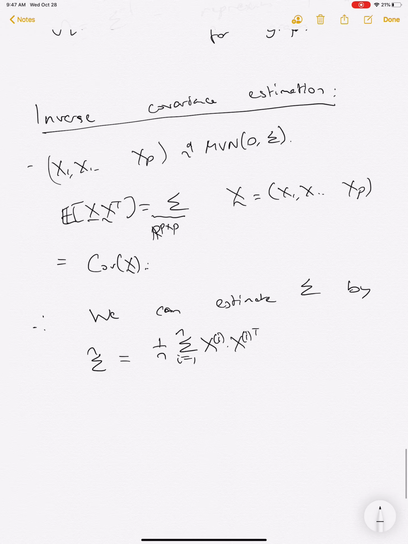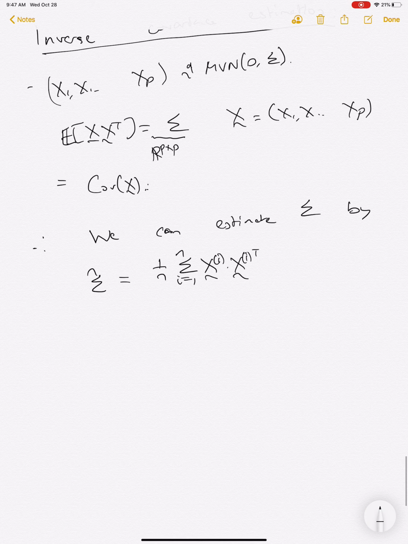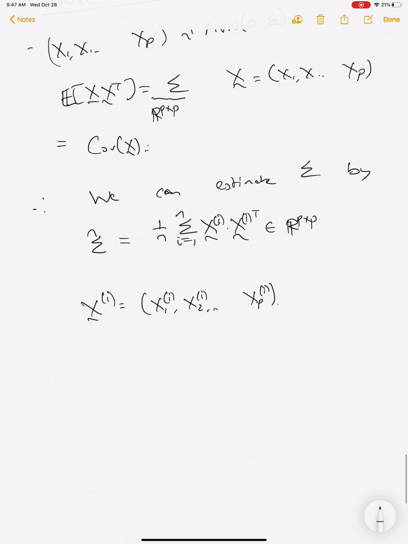I'm going to use this notation where x tilde i is just x1i, x2i up to xpi. And so this is clearly in R to the p by p because it's just an outer product. Another way to think about it is that sigma hat jk is just equal to 1 over n times the sum of xji xki. If you don't want to think too much about the matrix notation, you can write it in compact matrix notation, but this is just how you write it element by element.